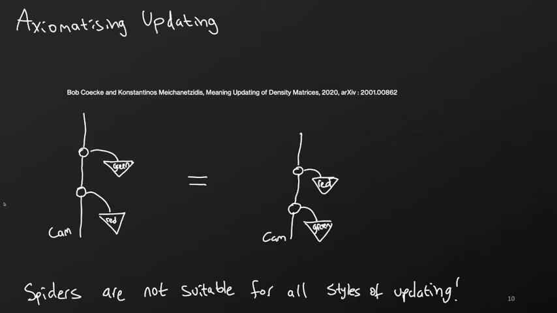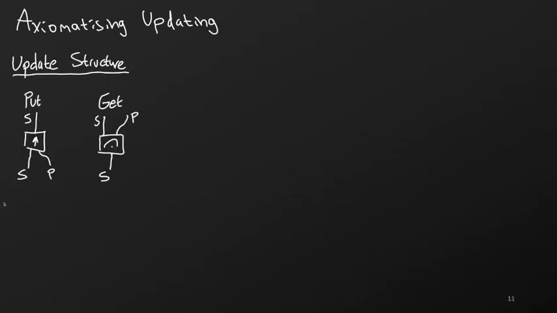So we suggest the following: an update structure ought to come with two boxes, a put and a get. And this put box takes a system S and a property P, and it applies the property P to the system S. So it updates the system with this new property and returns the system.